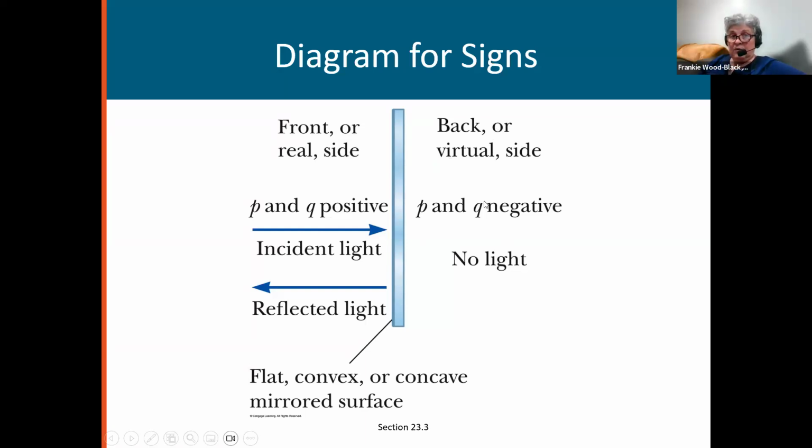The light is totally reflected. So when we get to concave and convex mirrors, you're going to see bouncing of those images, but we're still going to use the same sign convention for our P's and Q's. So you will have that.